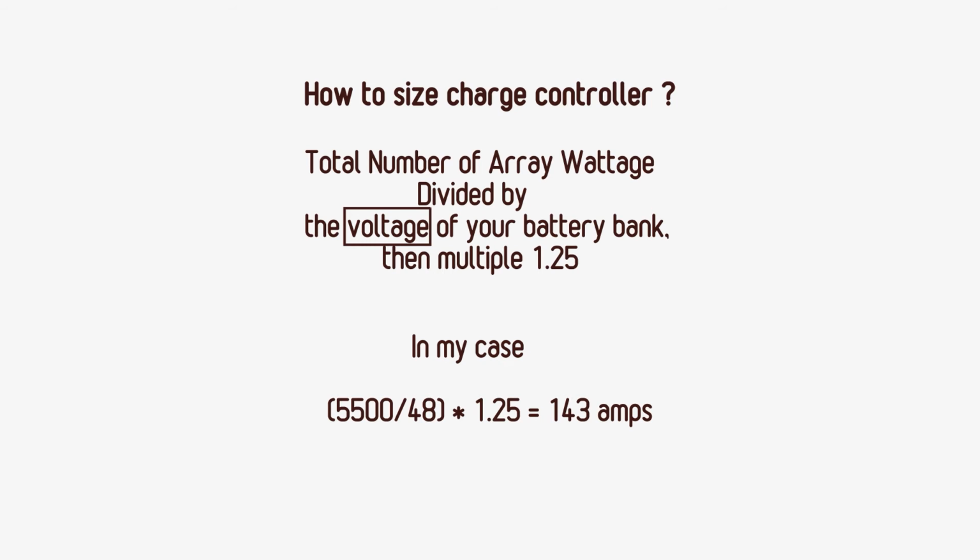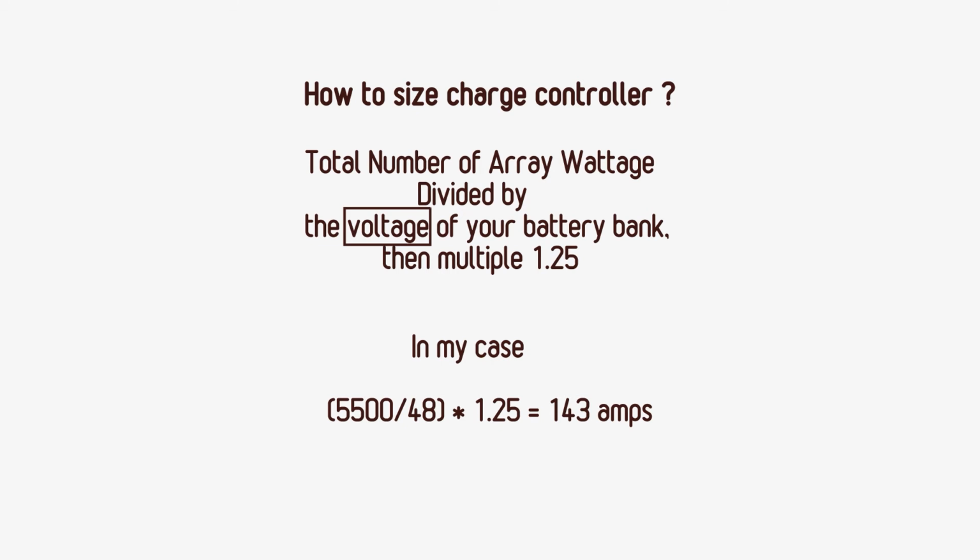I have a total of 20 kilowatts that my batteries can handle, but in terms of voltage, it's just 48. So 5,500 divided by 48 times 1.25 gives me 143 amps. So my charge controller needs 143 amps.